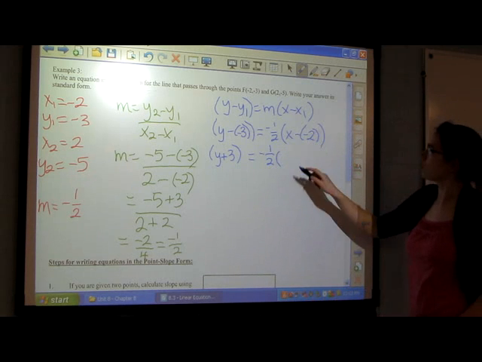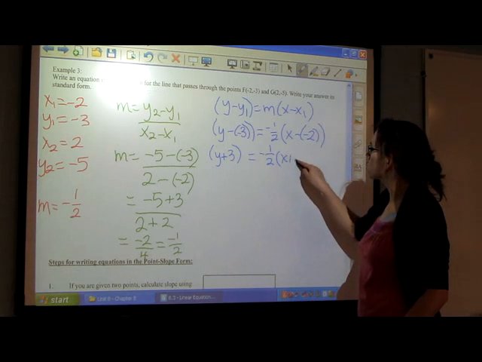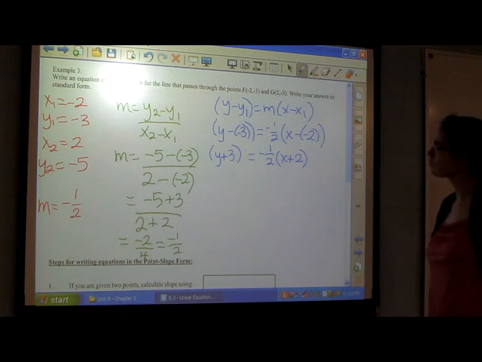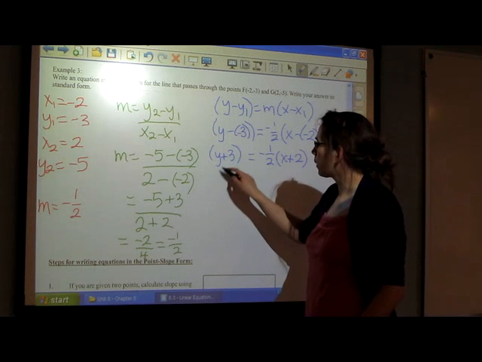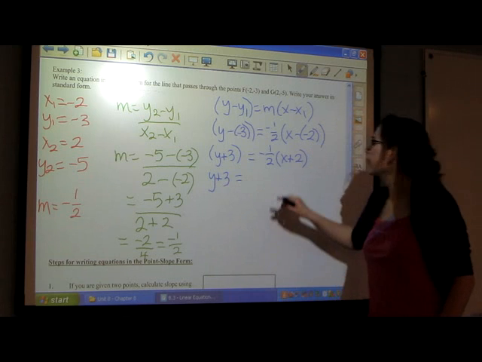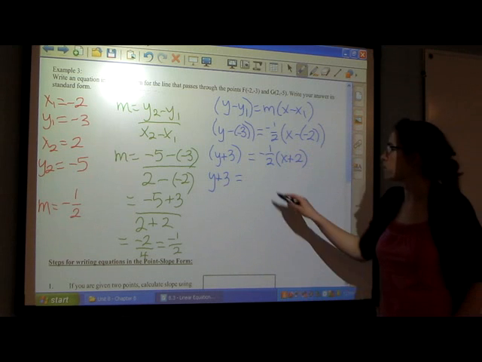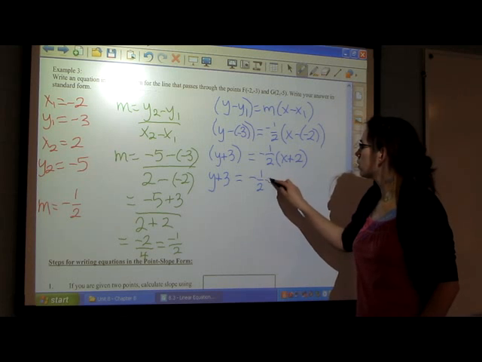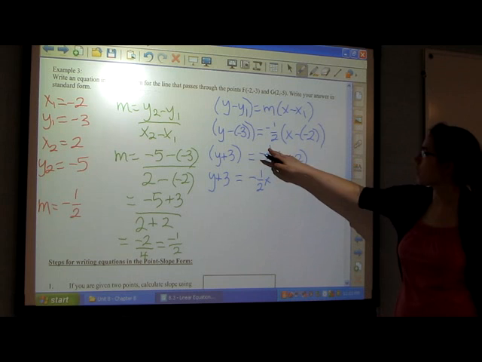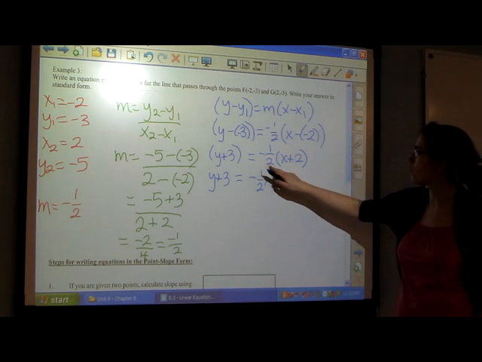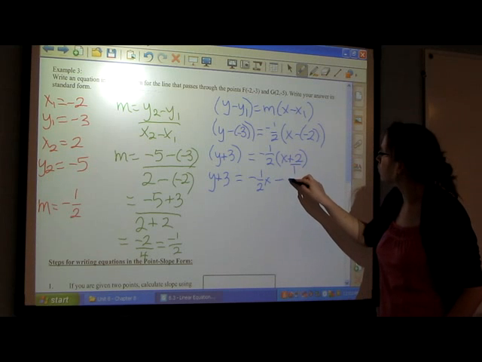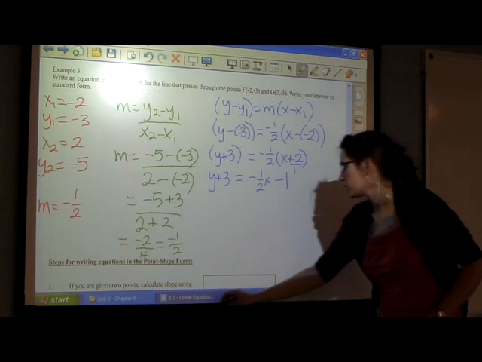X minus -2, subtracting a negative, I'm really just adding it. I'm going to drop my brackets on this side of my equation, so I have y plus 3. -1/2 times x is just -1/2 x. And -1/2 times 2, well, I get 1 times 2 over 2 times 1 on the bottom here, which is just -1. You want to see how that works out?